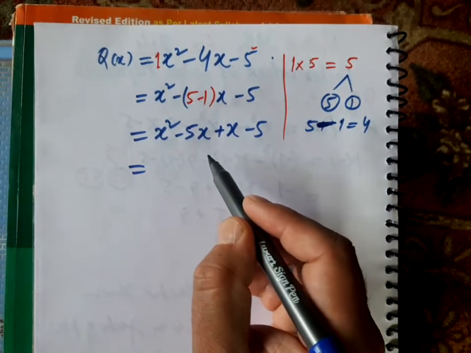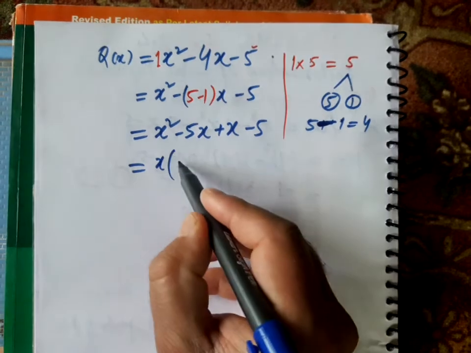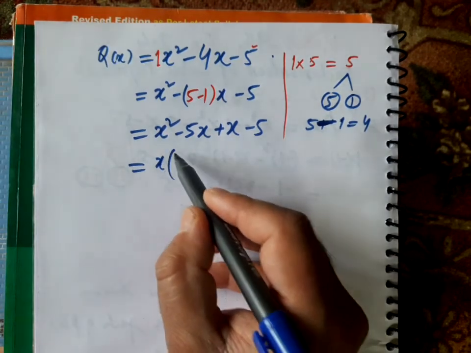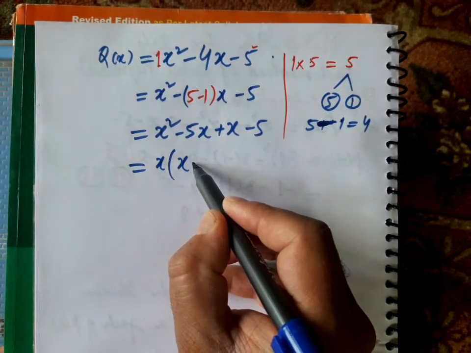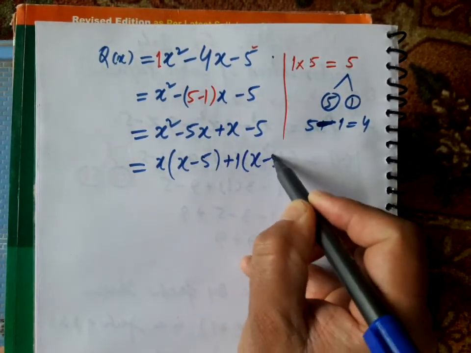So we have separated the middle term into two terms, that is minus 5x and x. Now here the common factor we will take out is x minus 5 plus 1 into x minus 5.